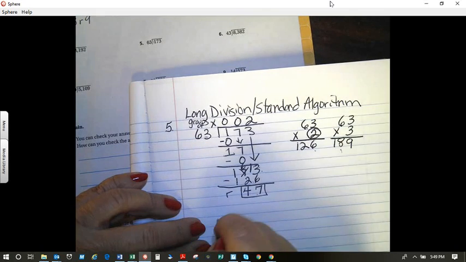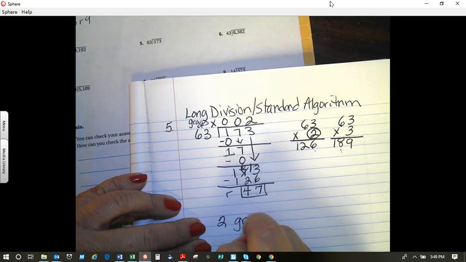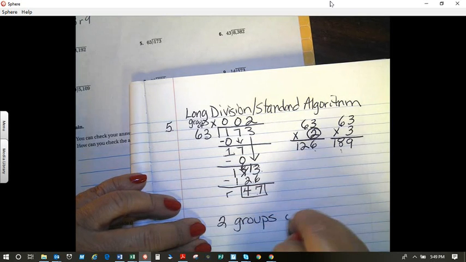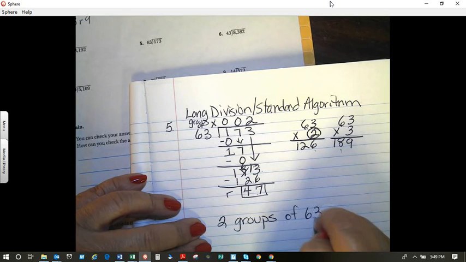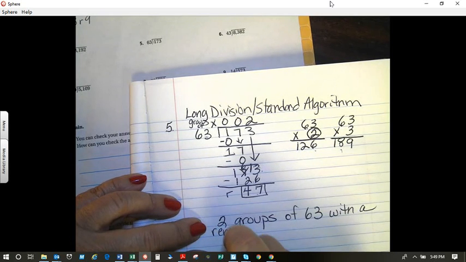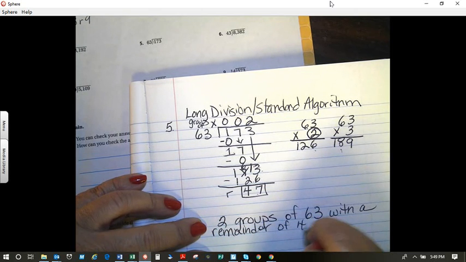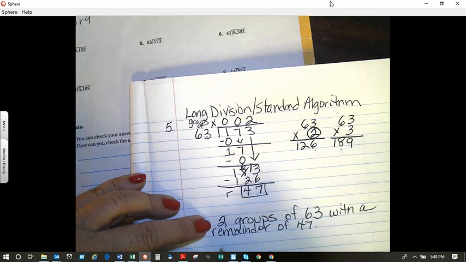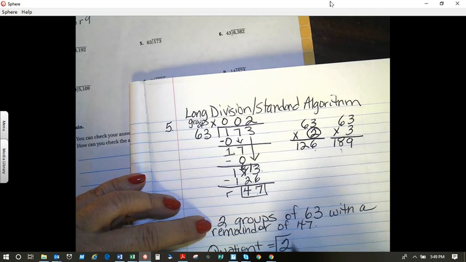So I'm going to have 2 groups of 63 with a remainder of 47. So my quotient equals 2 with a remainder of 47.